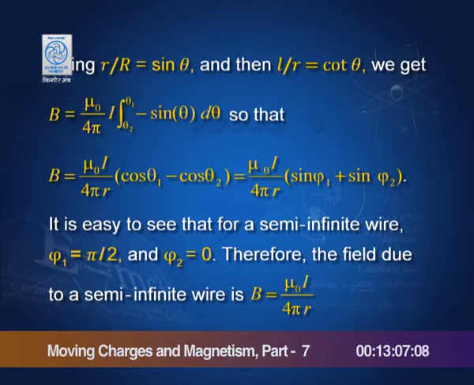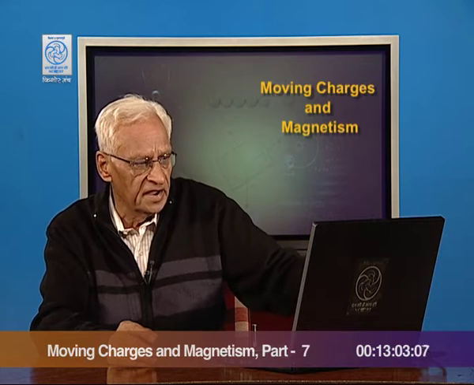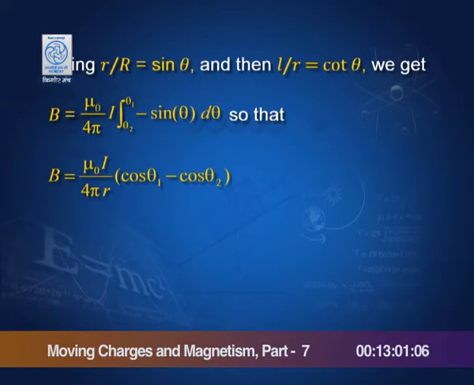Once again we have the same thing using a little trigonometry. So, B is equal to mu 0 by 4 pi into I integral from theta 2 to theta 1 of minus sin theta d theta. So, we integrate and we get this result. Instead of thetas, you can use phi's and you will get this result.